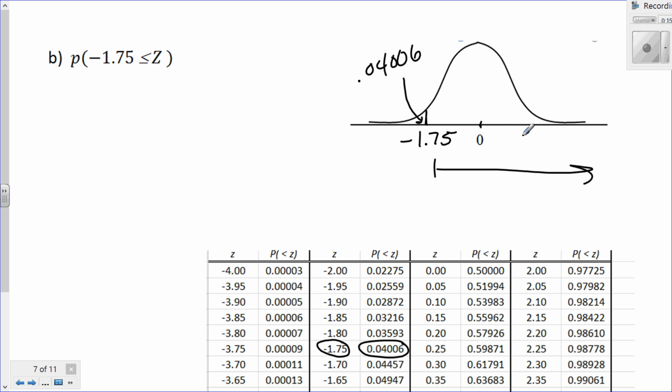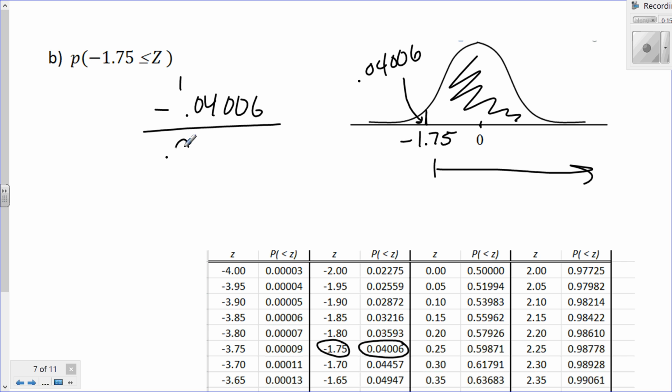Now I'm actually interested in Z being greater than negative 1.75. I want the probability being somewhere here on the number line, which is going to be all of this area here. Now remember, the total area under the curve is 1, so to get the area I actually want, I need to take 1 and subtract the 0.04006, and that gives me 0.95994, and that's the probability, or 95.99% chance, that a Z-score is greater than negative 1.75.